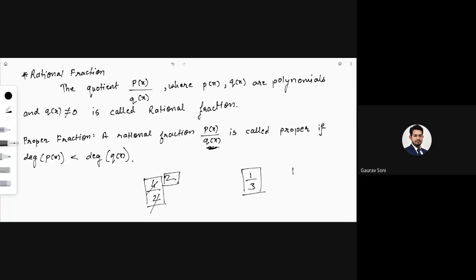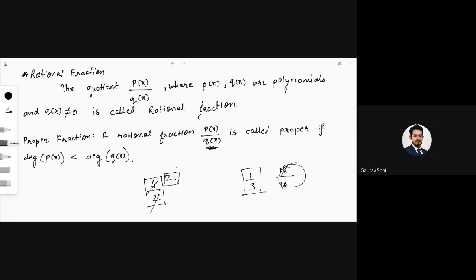Say for example 15 by 10. This numerator is greater than the denominator.